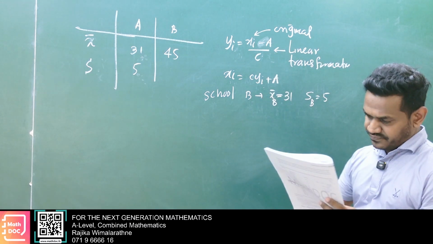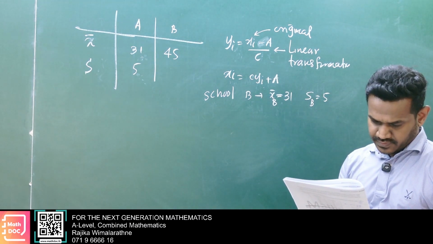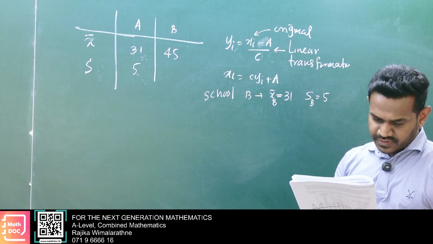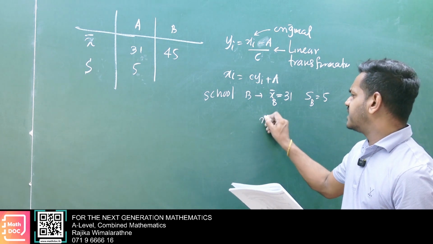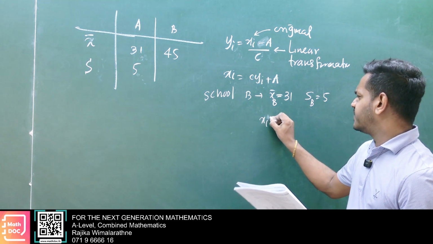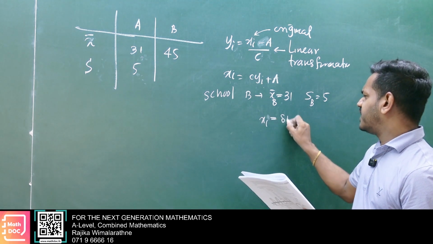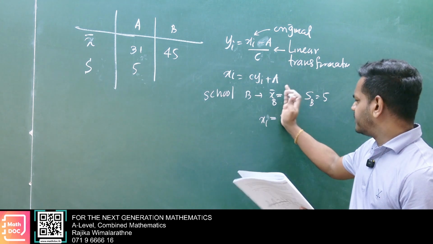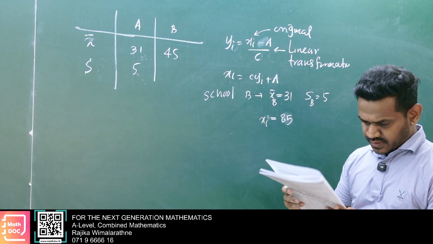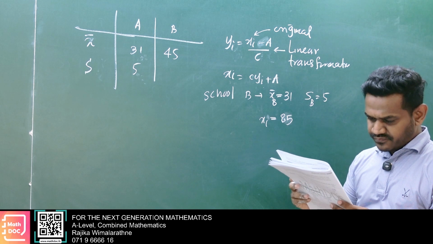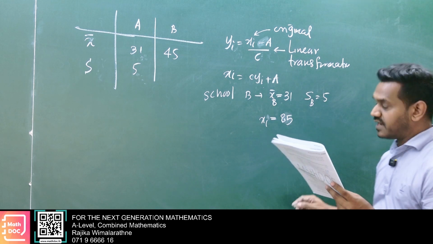Now further, a mark of 85 of school B becomes 63 under this transformation.